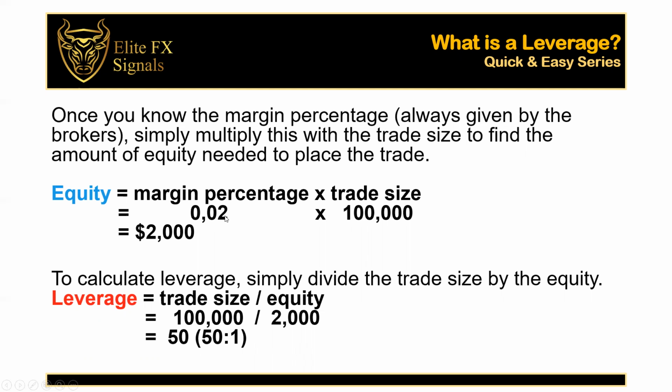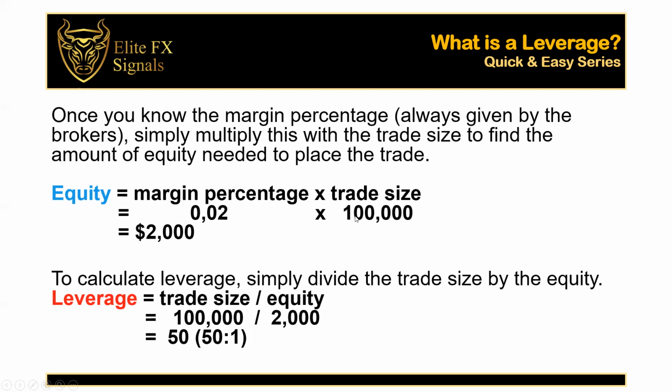For example, if our broker says, okay, I need at least 2% for you to open a full standard lot, which is 100,000 units, then you multiply 0.02, which is the 2%, by the trade size, 100,000 units, and that gives you the amount that you need to have available in your account at that moment.